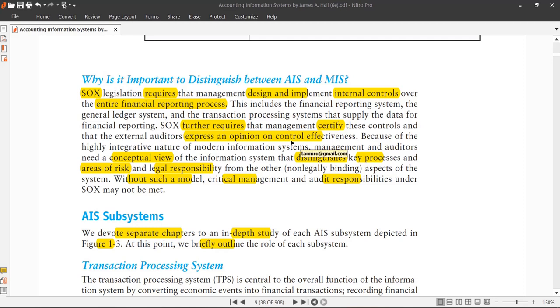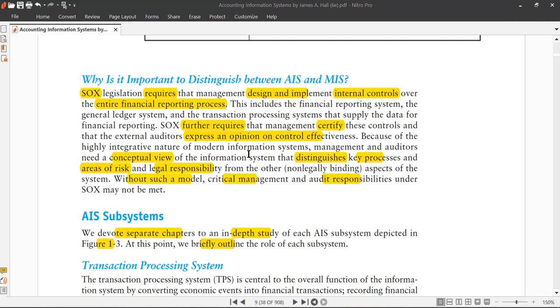So, yung vulnerability of the information tsaka yung susceptibility of the information to error, to fraud, ganun din ka laki. Kaya itong mga to, yung mga SEC, yung SOX legislation, ito yung requirement nila.